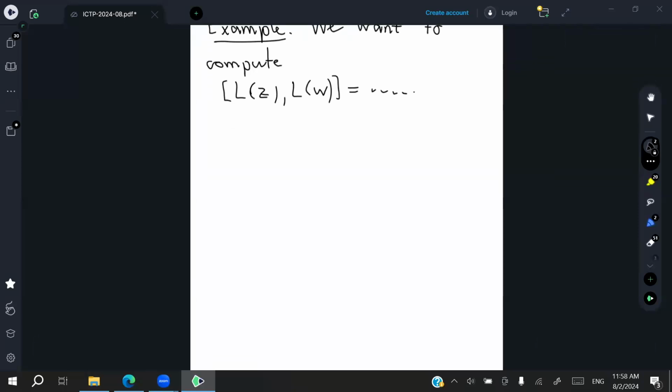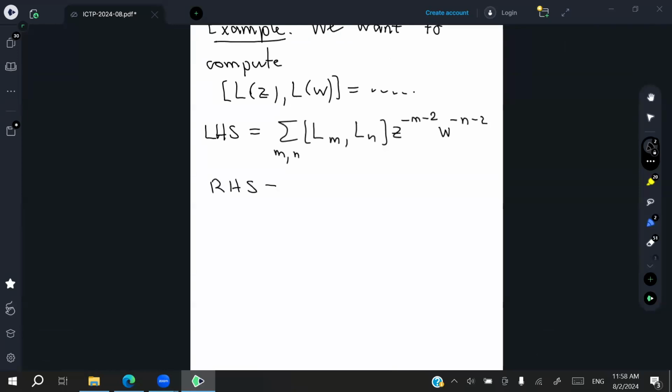Because then the left-hand side is just a double sum over M and N of [Lm, Ln] Z^{-m-2} W^{-n-2}.